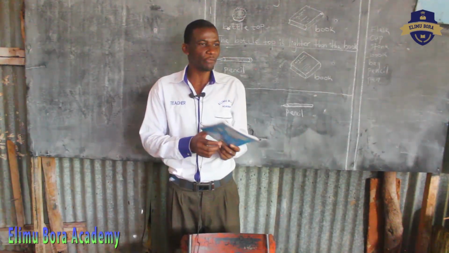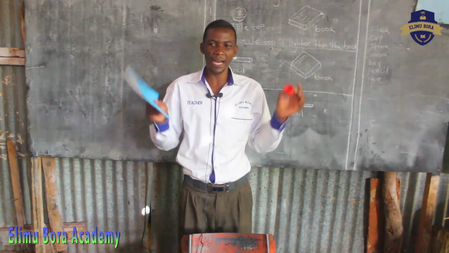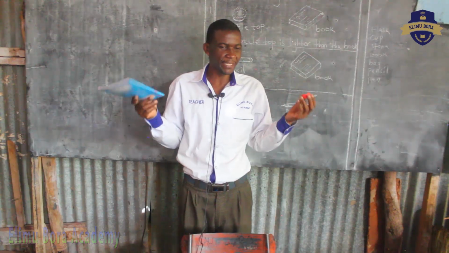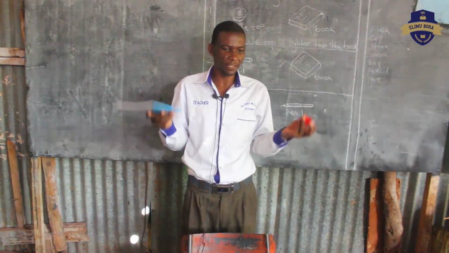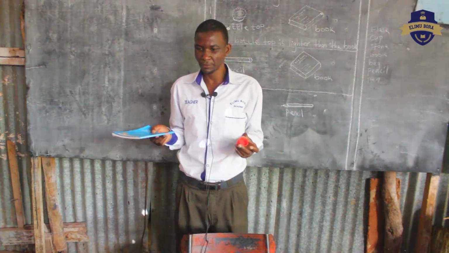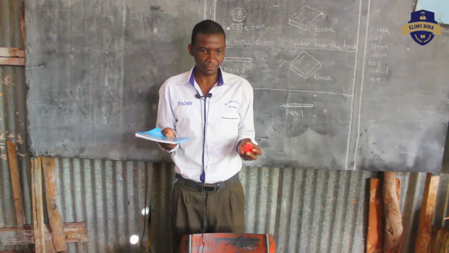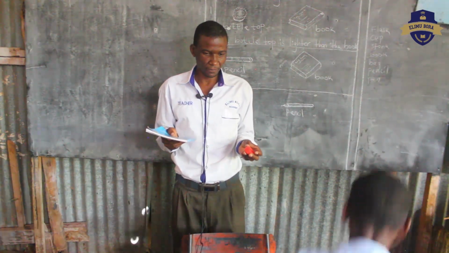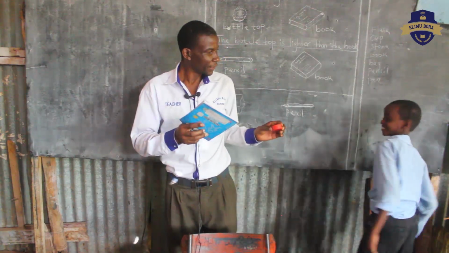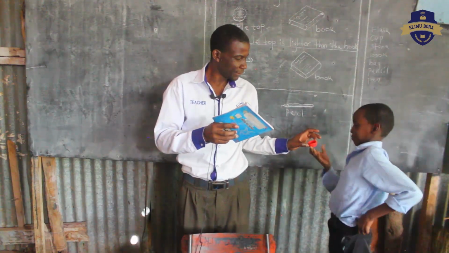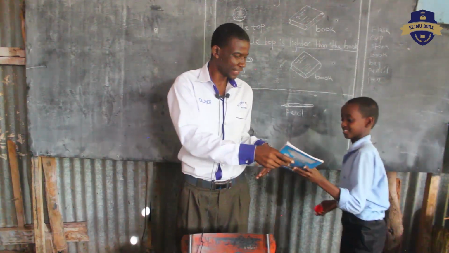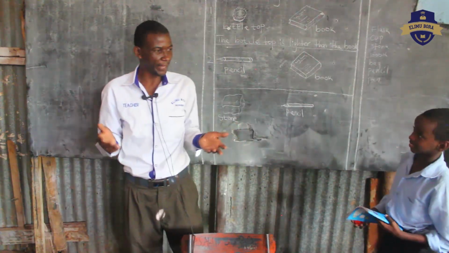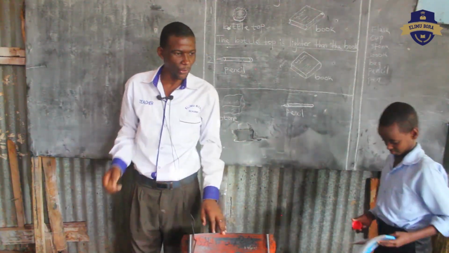Now I want one of you to come here and measure the mass and tell us what he feels. One person. We have a bottle top and a book. Now, can you compare the mass and tell us how do you feel?